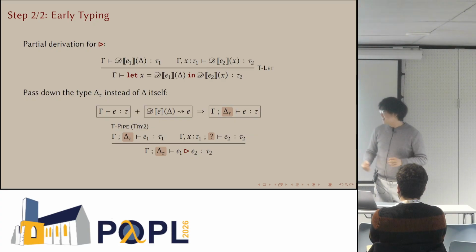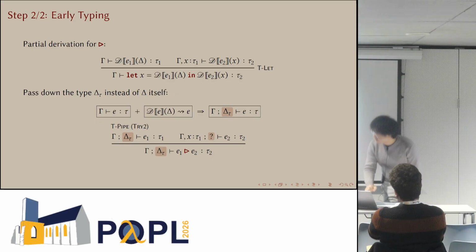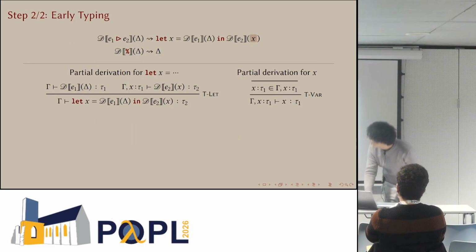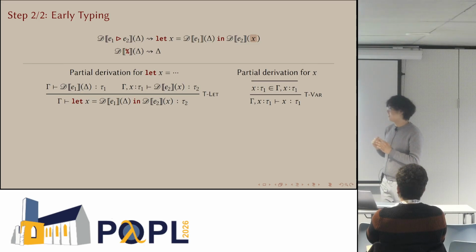So here is where the second step comes in. We call it early typing because usually you would think that it would be type checked when the hole appears. Now we type check it early, so the pipe takes the duty, and we see that the x is also a piece of desugared code, so we don't want it. So we can just do the same thing as for the main template, the whole right-hand side.